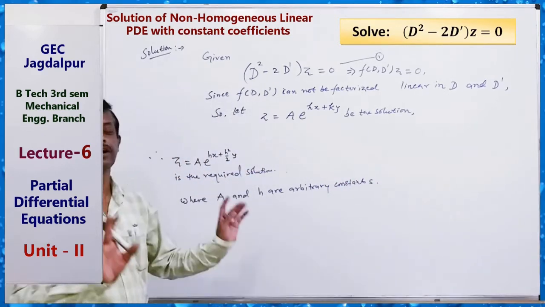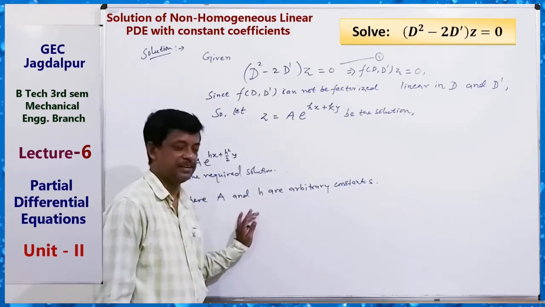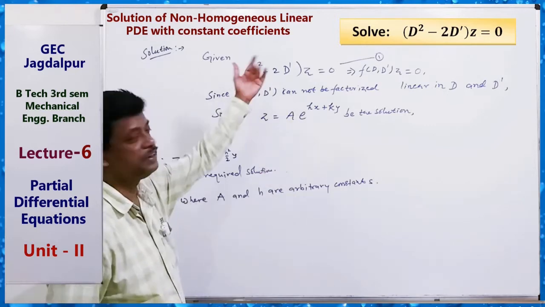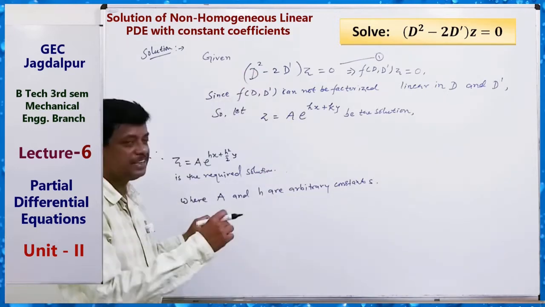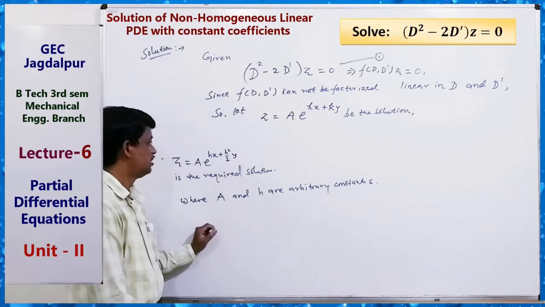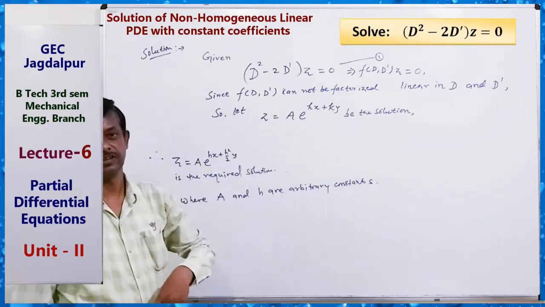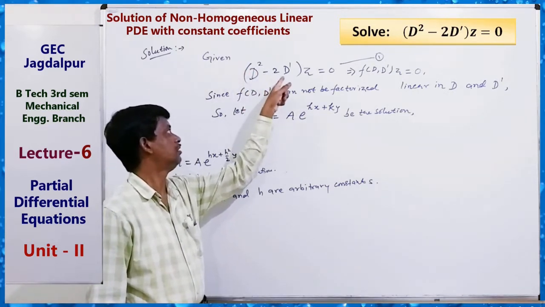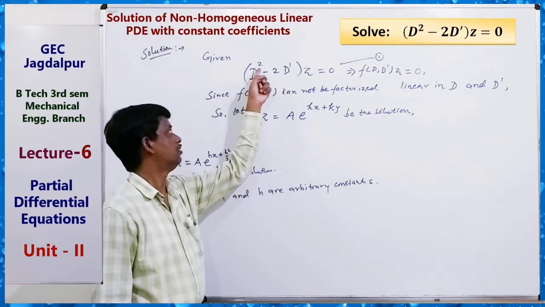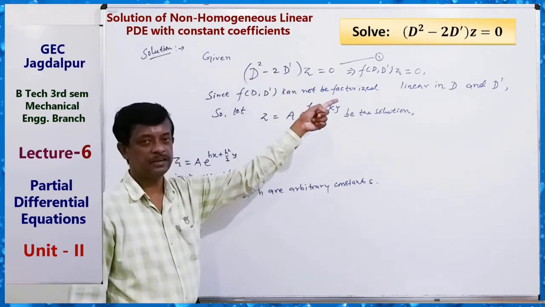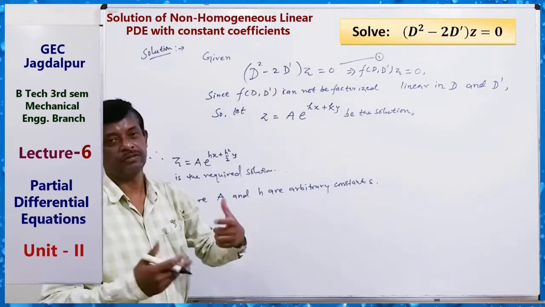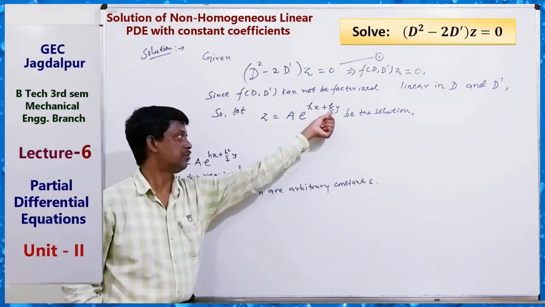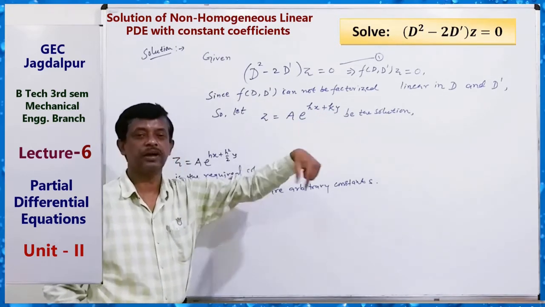Okay, so this is the other method when we cannot factorize f(D, D dash) as linear in D and D dash. We can suppose this is the solution. Then by finding the value of D square Z, D dash Z, and putting them in the given equation, you can find the value of one constant in terms of another constant.